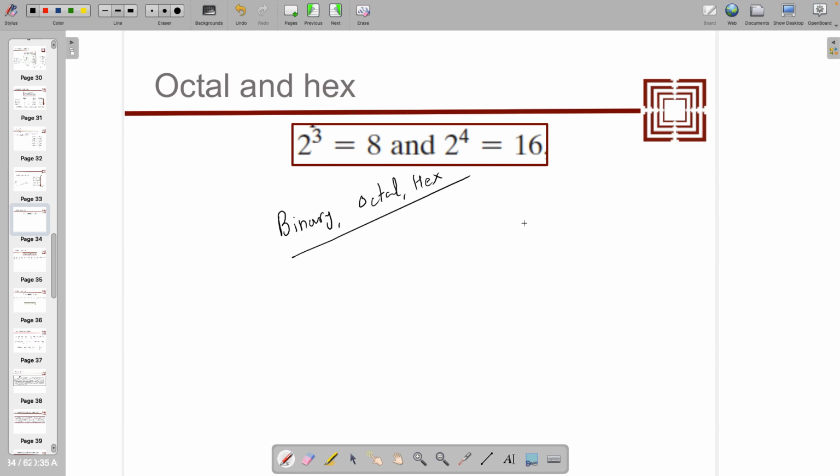But we will restrict ourselves to that, and we are not learning how to go from, like, base 5 to base 8, or base 5 to base 16, or something like that. So that's why we did all the examples with decimal to any system and any system to decimal. Decimal we kept in between.